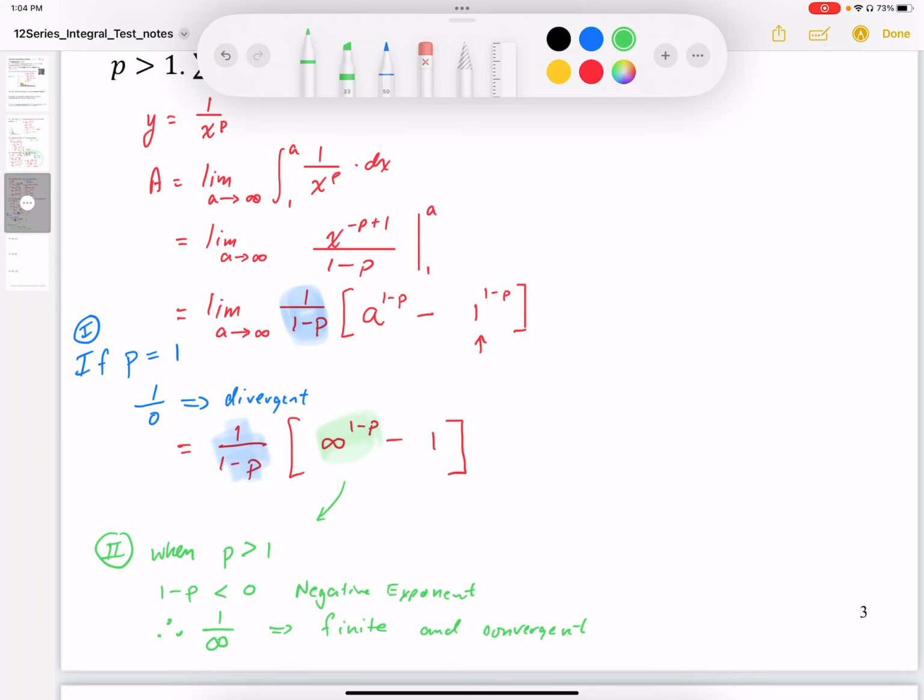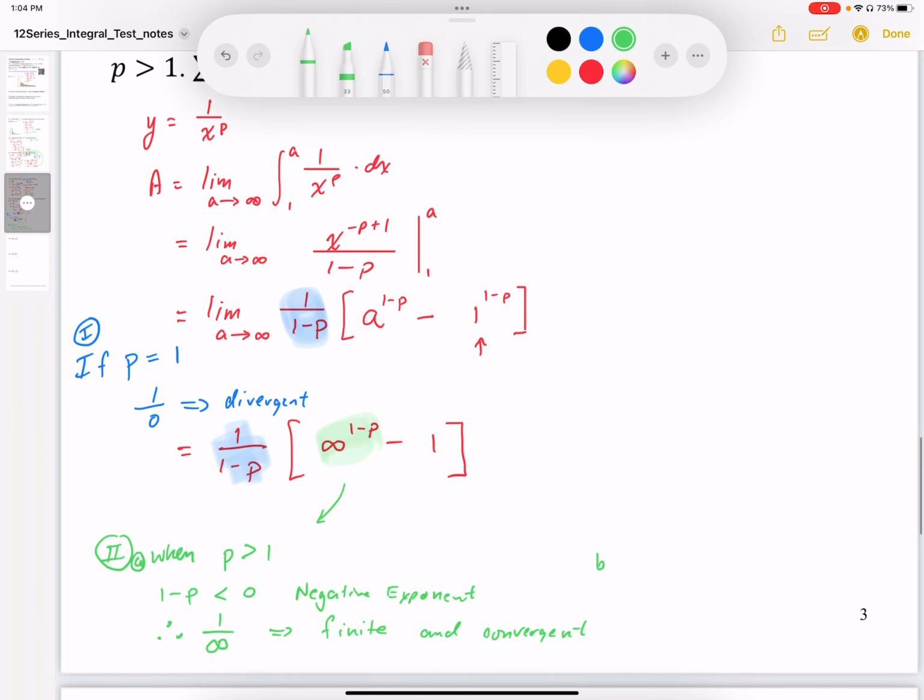Okay, so we'll call that A, and B is when p is less than 1. When that happens, 1 minus p must be bigger than 0. It's a positive exponent.